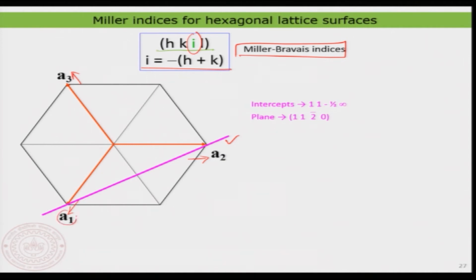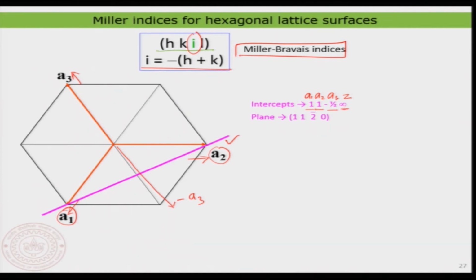You can see along A1 I have one intercept, along A2 I also have one intercept, but the interesting thing is along A3, it is minus A3, the negative direction of A3, and you can see this has been cut 2 times. So, that means the intercept along A3, this is A1, this is A2, this is A3, is minus half. And then along the other direction, which is the z direction, the intercept is actually infinity.